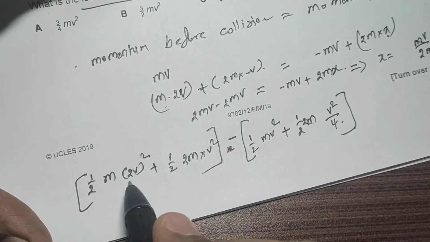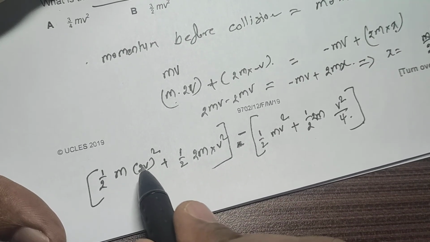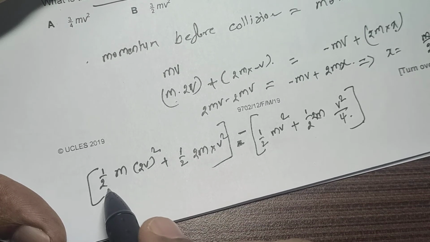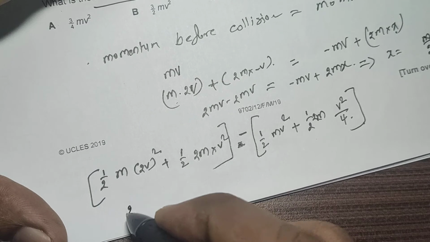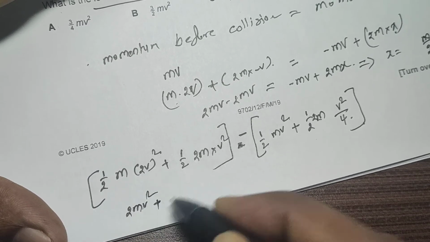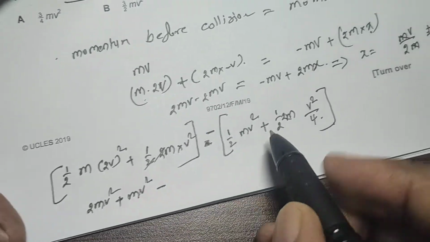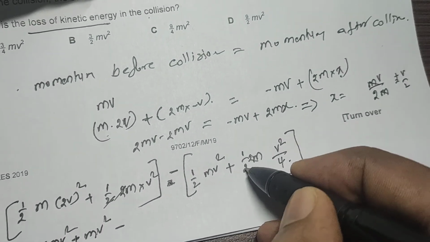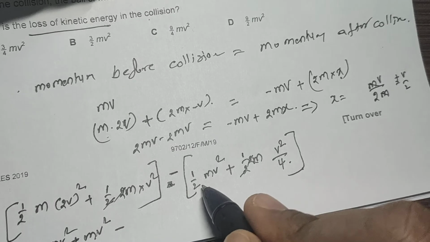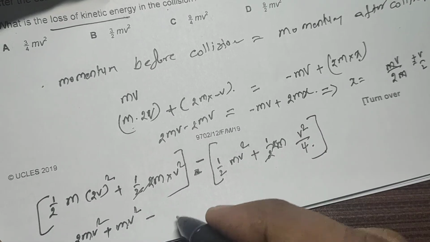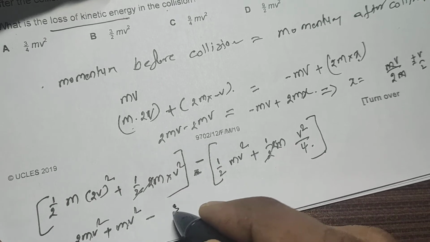That is 4mv squared over 2, so 2mv squared plus mv squared, minus half mv squared, plus 1 over 4 mv squared, which is 3 over 4 mv squared.